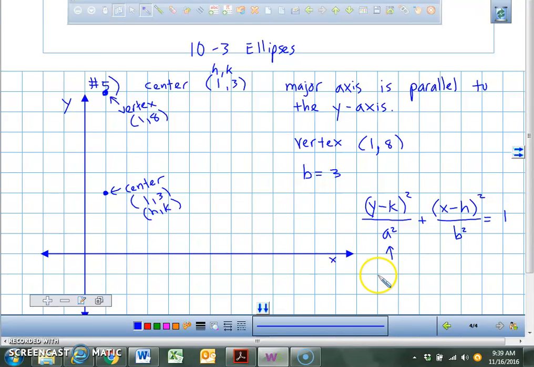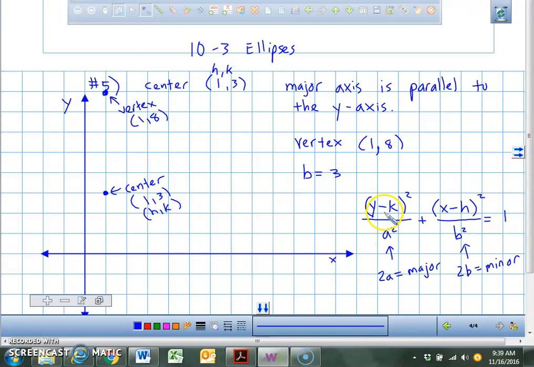Understand, 2 times a will equal our major axis, and 2 times b will equal our minor axis.